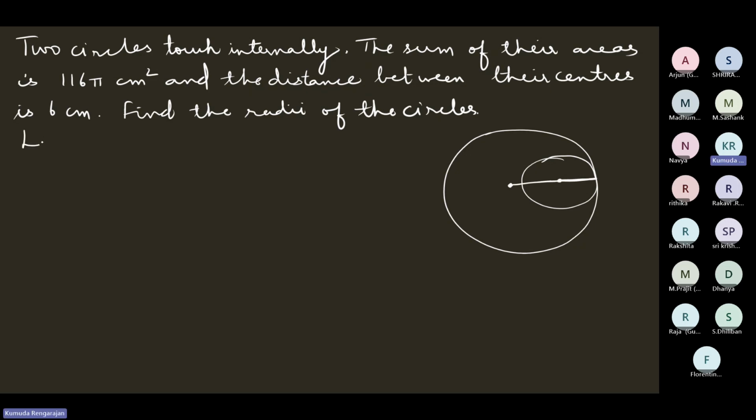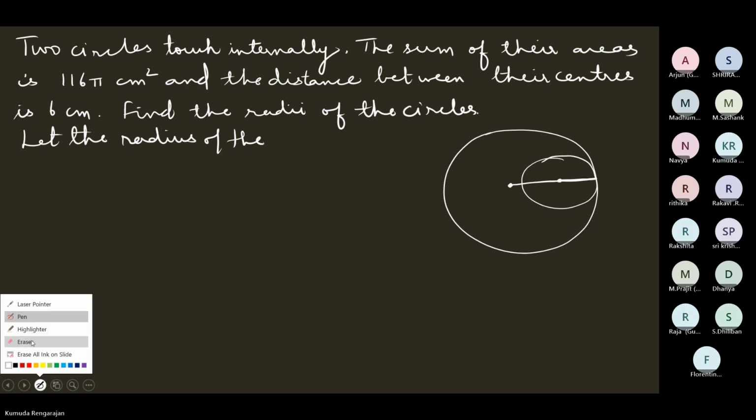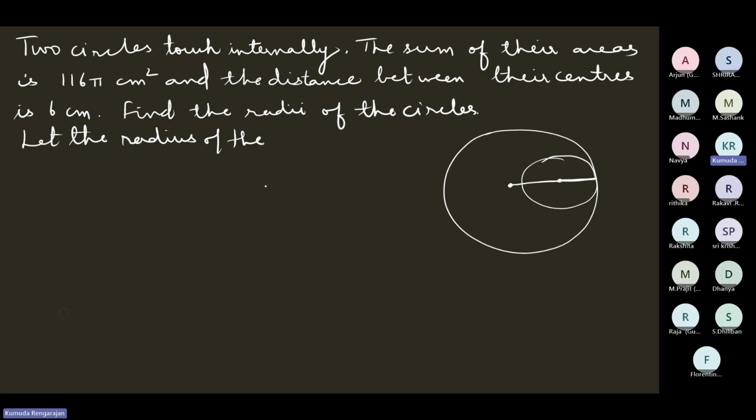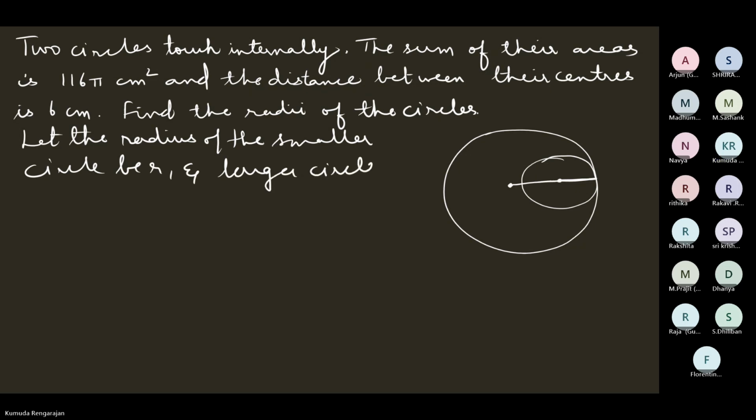So let the radius of the smaller circle be R1 and the larger circle be R2.